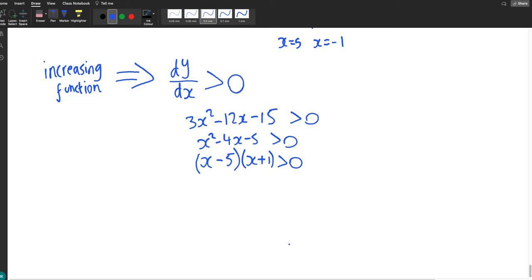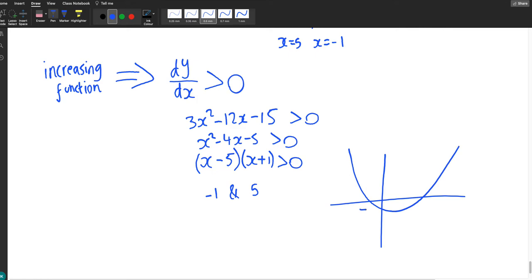So, quadratic, it goes through the points on the x-intercept at minus 1 and 5. So there are critical points. So it's positive, so it's going to be a smiley face, something like that. And where it's greater than 0, I'm going to actually put this in a different color.